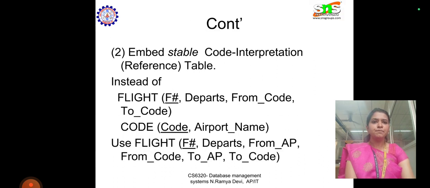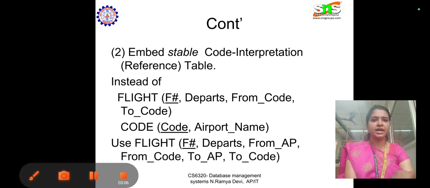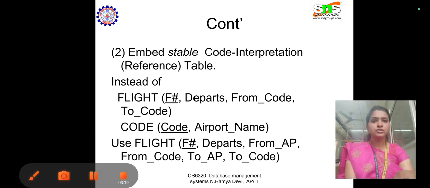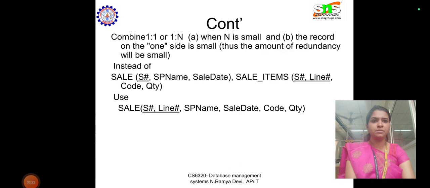Next is embedding the stable code interpretation table. Instead of flight number, departs from code, to code, and code, airport name, use flight number, departs from airport name, from code, to airport name, to code. This is the method called embed stable code interpretation table.